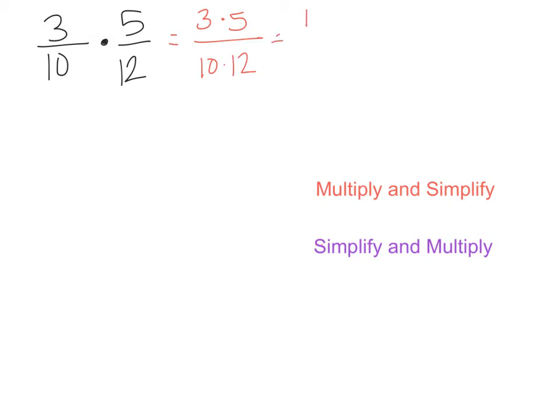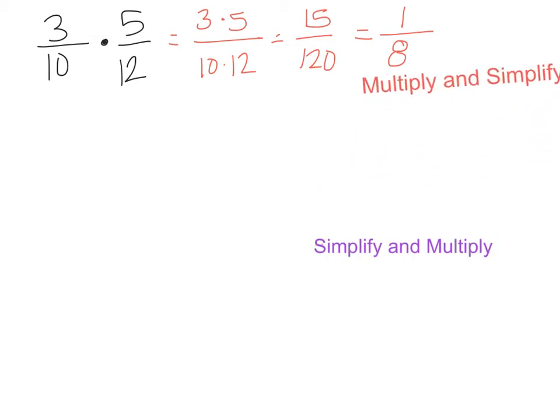So we have 15 over 120. Whew. Now I have to figure out how many times each one of these numbers goes into each other. To simplify it, well, 15 goes into itself once and goes into 120 8 times. Now I know that because I know my multiplication facts pretty quickly. But for you, you might go, oh, wow, I have to come up with my 15s that fast. So let's try this other method.